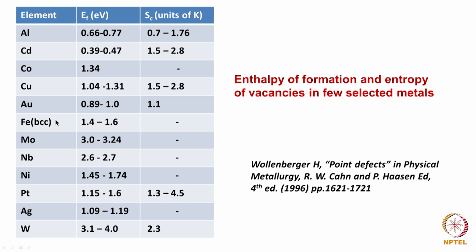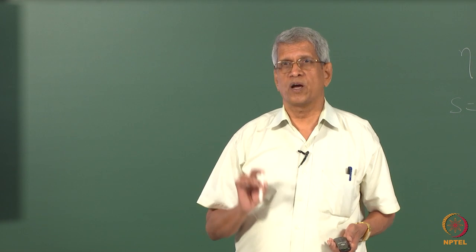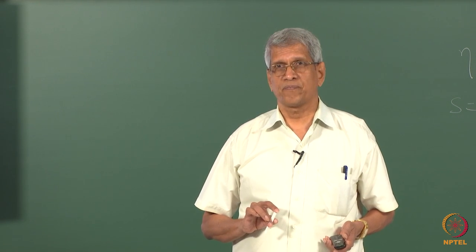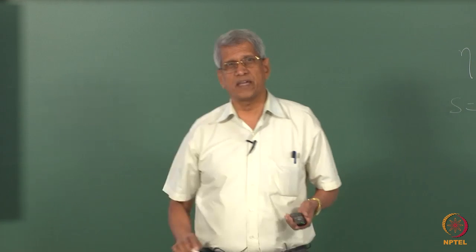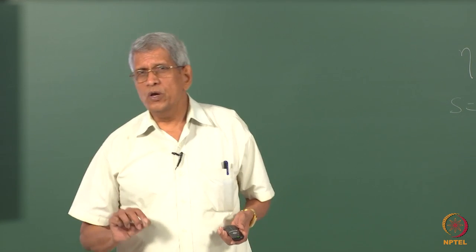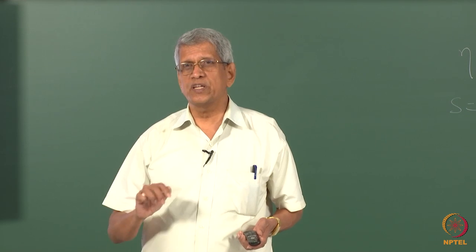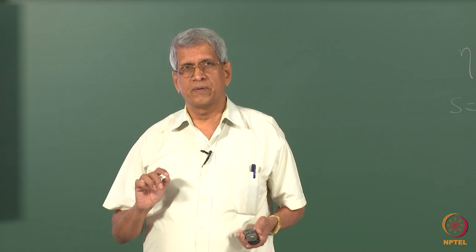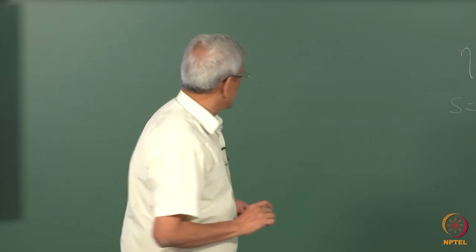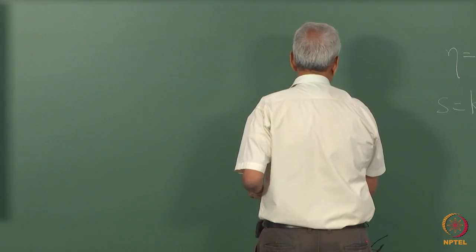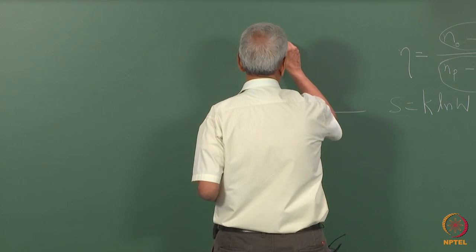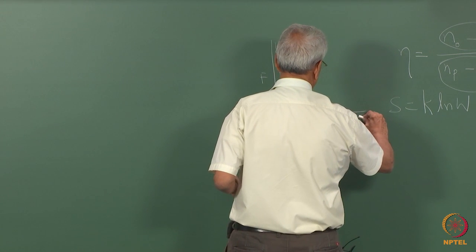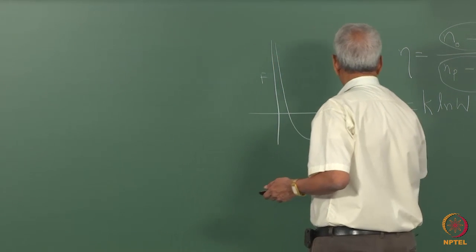One more thing to consider is what we mean by an equilibrium concentration of vacancies. That is the concentration of vacancies which brings about the maximum reduction in free energy in the material. You understand that? If I plot the free energy change against the vacancy concentration, it comes like this.